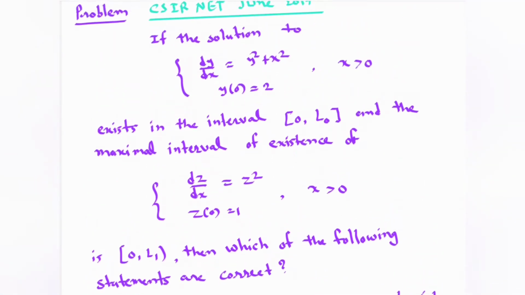So basically there are two initial value problems and their intervals of existence are given, 0 to L0 and 0 to L1. So we have to find the values of L0 and L1.